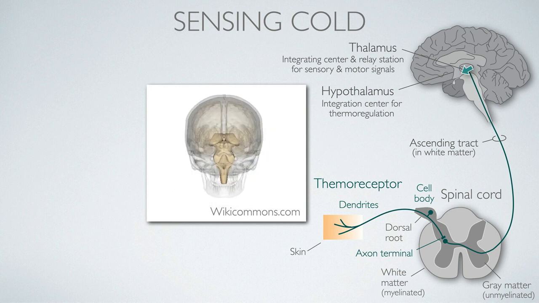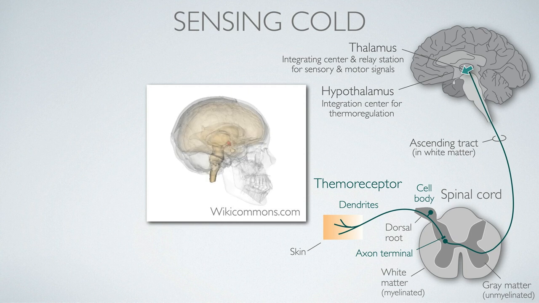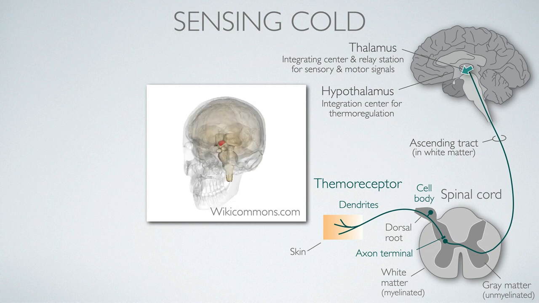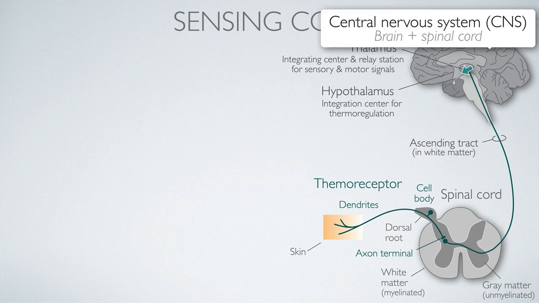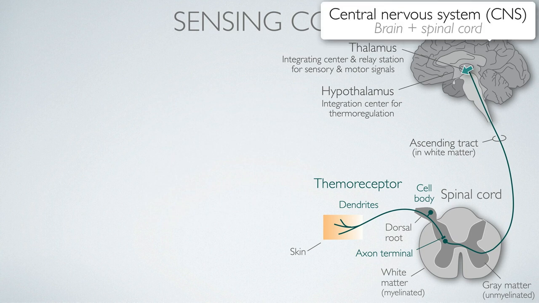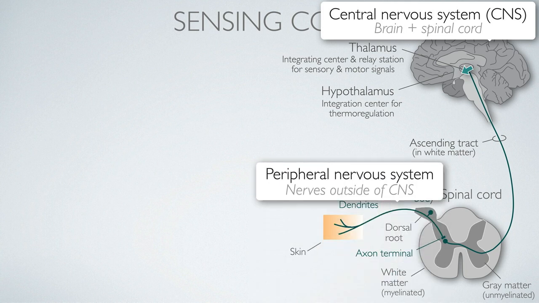And now that we're talking about the brain and the spinal cord, we should differentiate the major parts of your nervous system. The brain and spinal cord compose the central nervous system, the CNS, whereas the thermoreceptors are outside of the CNS and therefore considered part of the peripheral nervous system. So all nerves outside of the CNS are part of the peripheral nervous system.